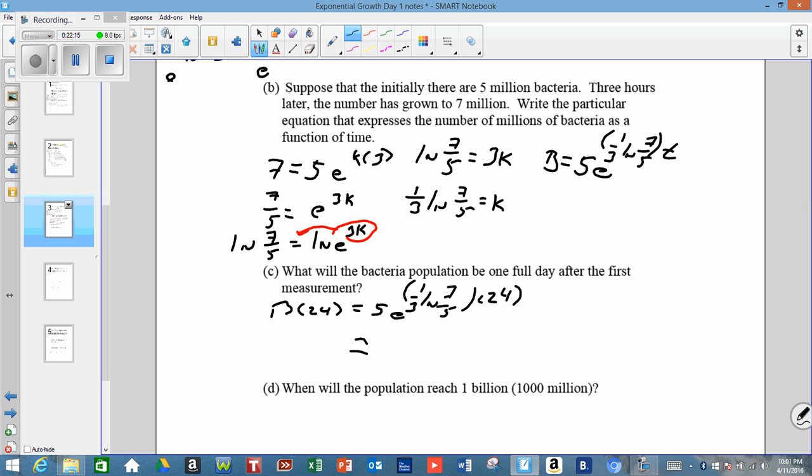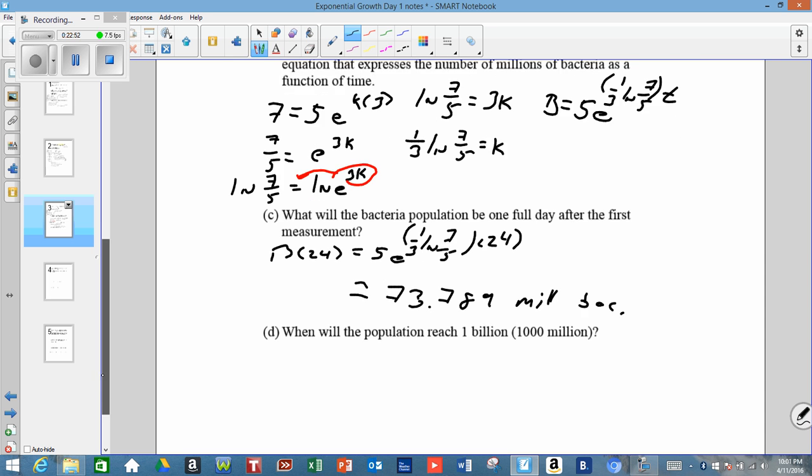That works out to be 73.789 million bacteria. Think about that. 73.789 million 1 day after it started, and it started at 5 million. Bacteria spreads like wildfire. That's why so many people get sick so easily.